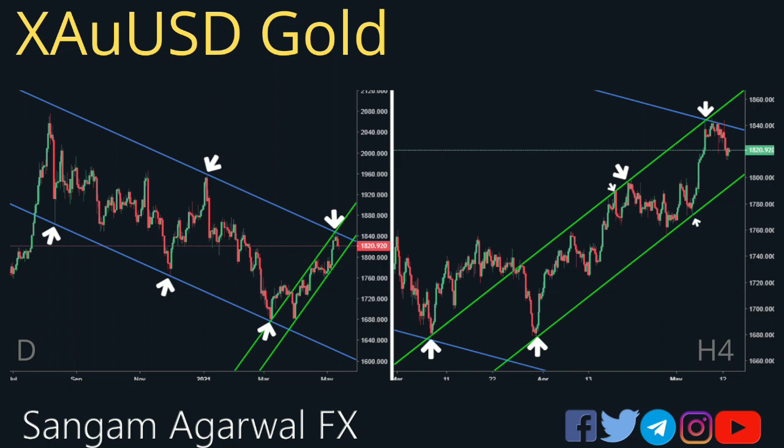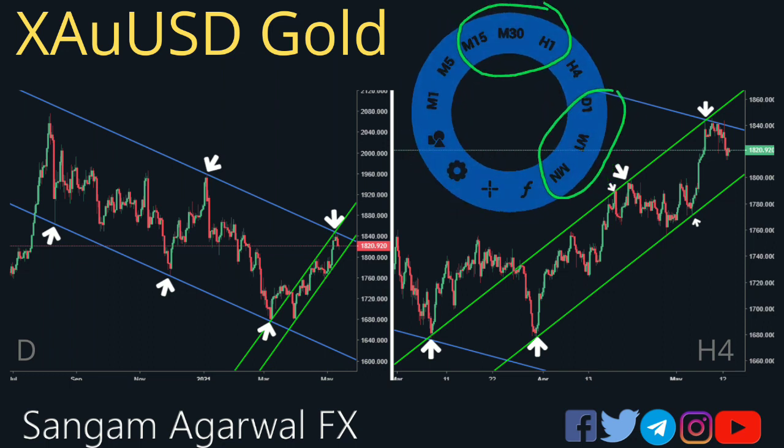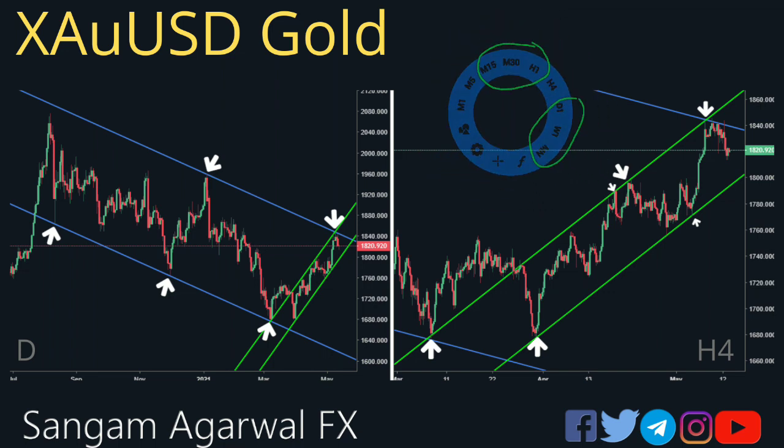On the H4 time frame, you still have the H1, M30 and M15 time frames for your help. Basically you have 3 higher time frames and 3 lower time frames for your help. When all trade in one direction, you trade in that direction.